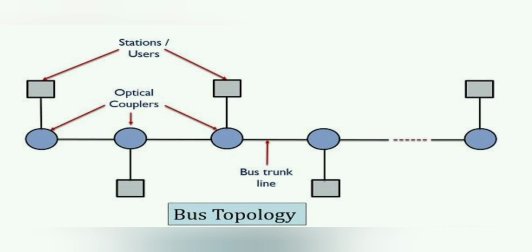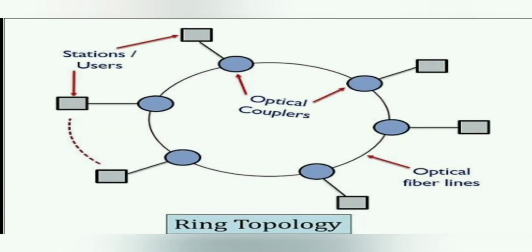Now we'll come to another topology called ring topology. It will be just like a ring. In a ring topology, each node is joined to its neighboring nodes, thereby forming a closed path. It means a closed ring, a circle. The transmitted information in the form of light is sent from one node to another.